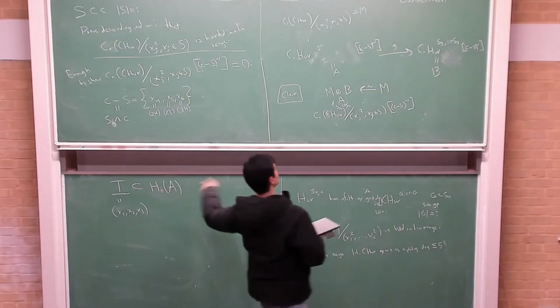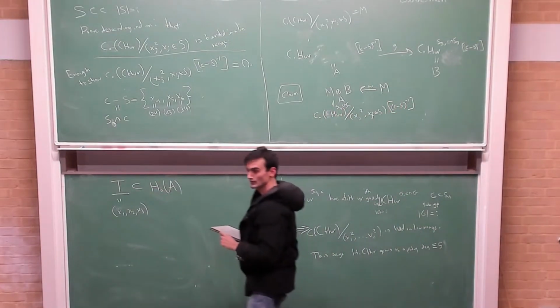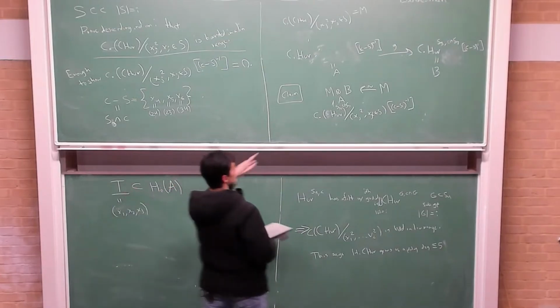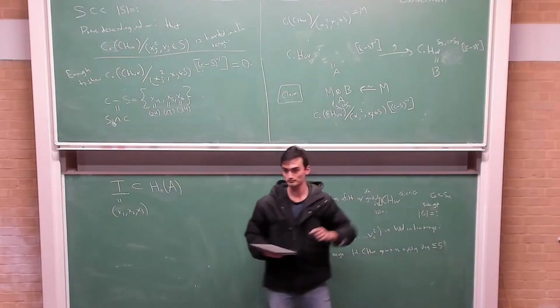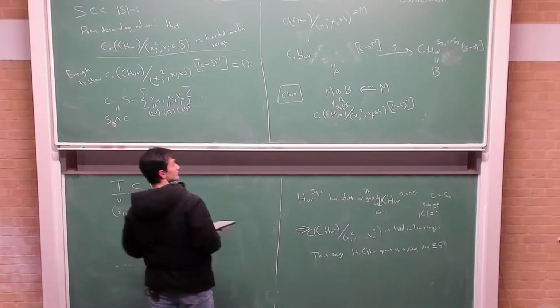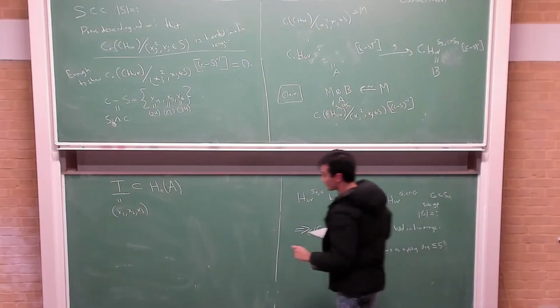And this ideal is exactly the kernel of the map G on H0. And moreover, this ideal acts nilpotently on this module M.